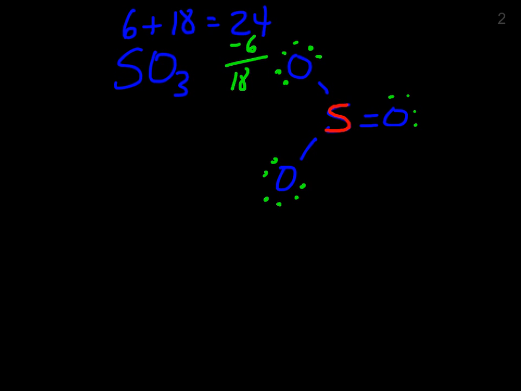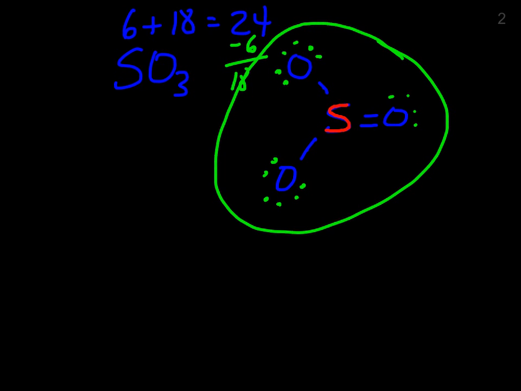Sulfur now has 2, 4, 6, 8. Everything's happy. Looking at this molecule as a whole, I have an even distribution of electrons. There is no one side that has more electrons than the other side. So this would also be considered nonpolar.